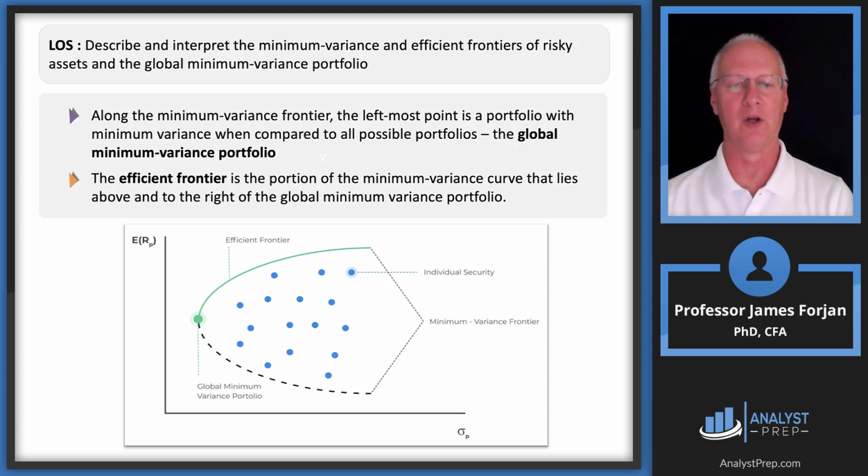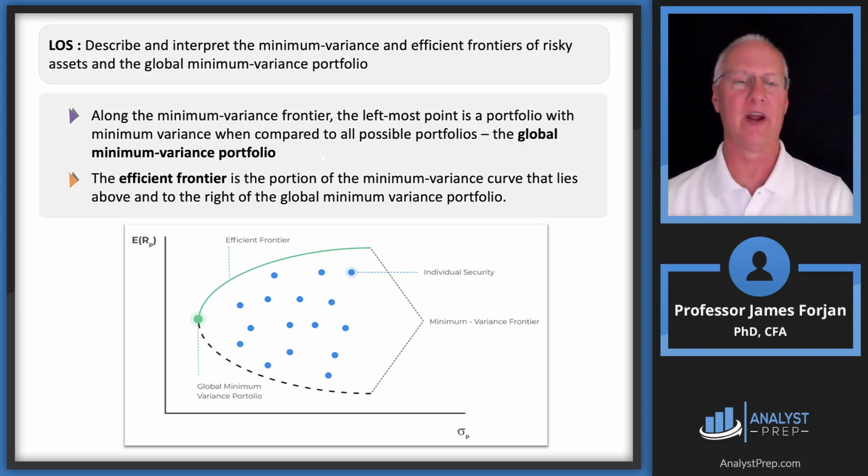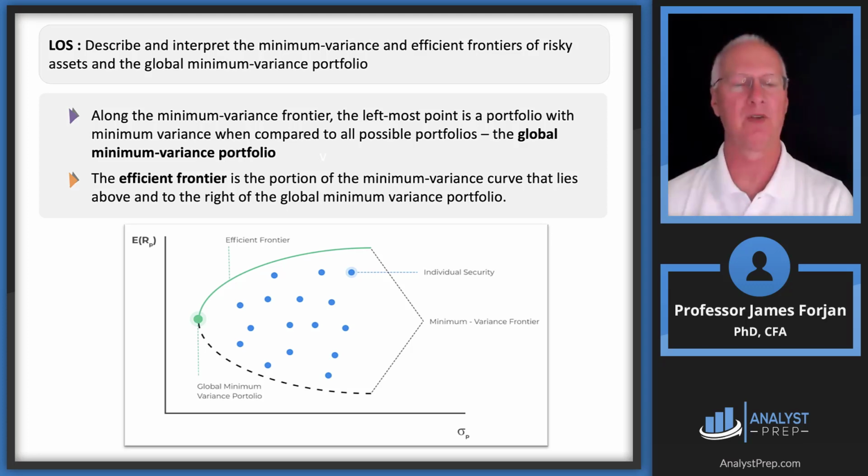And so there is a limit, and that's that green bullet point. That's called the global minimum variance portfolio. With those handful of blue individual securities, you can't get less risk than that global minimum variance portfolio. You can easily do this in an Excel spreadsheet using the Solver function, which I have my students do every semester. It ignores return altogether.